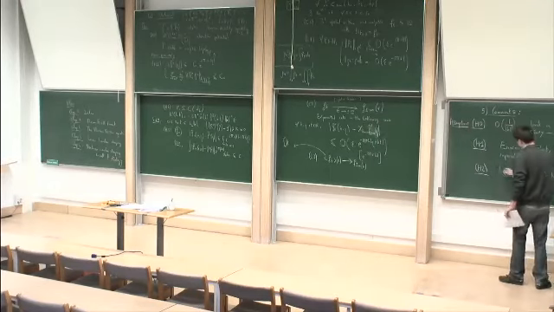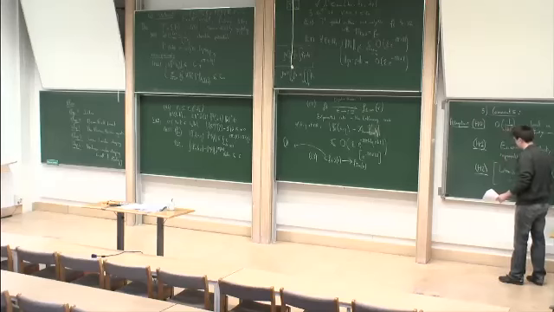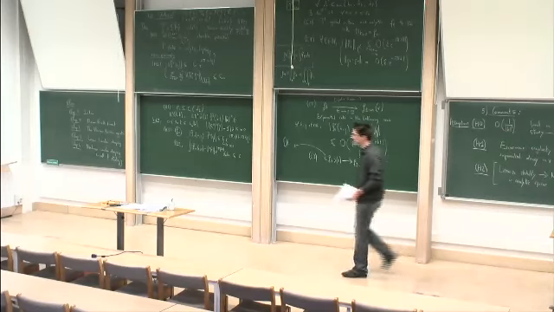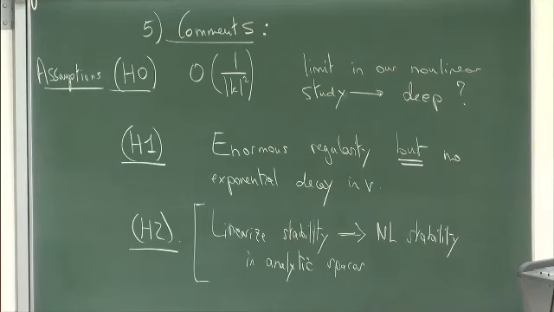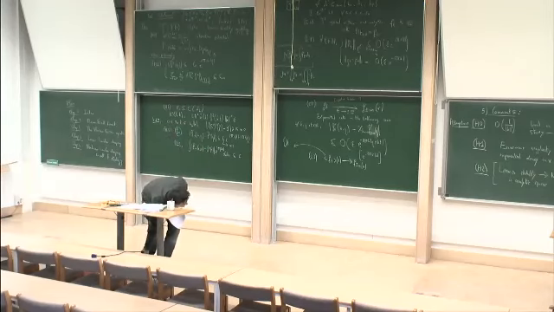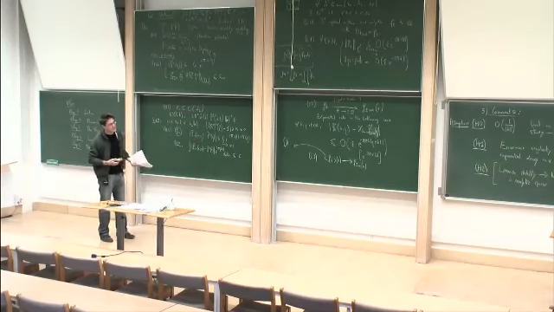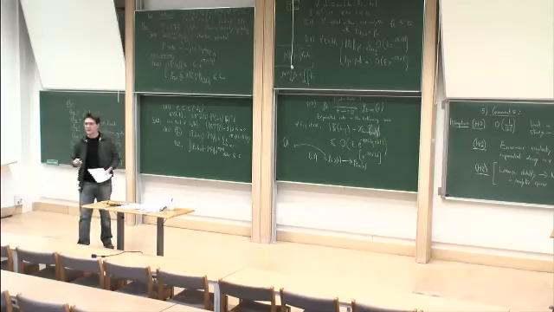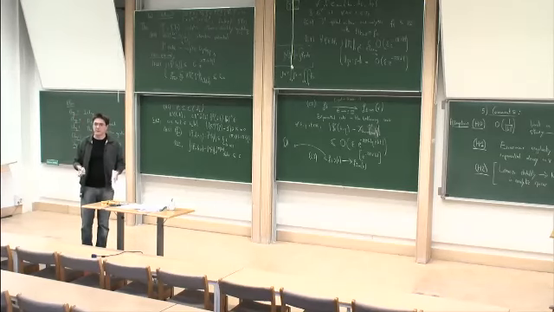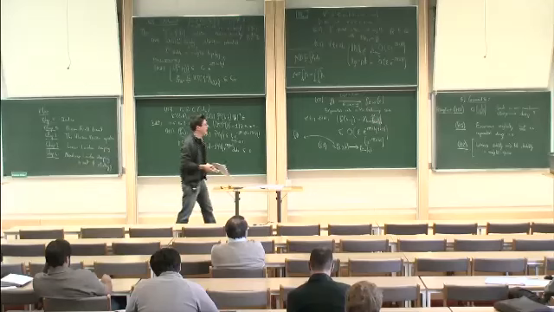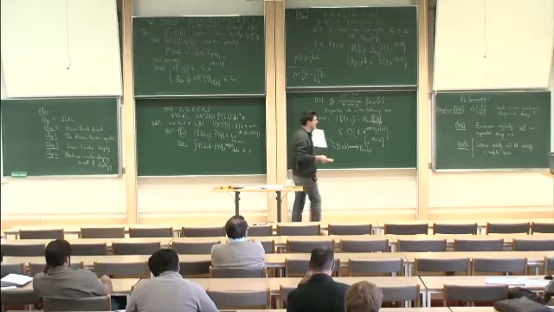You could reframe it like this, and I just want to emphasize that this kind of question is exactly what people like Walter Strauss, who was here last week, are doing a lot, but they are doing this with much less regularity than we do.